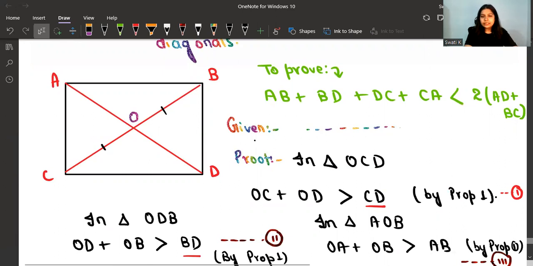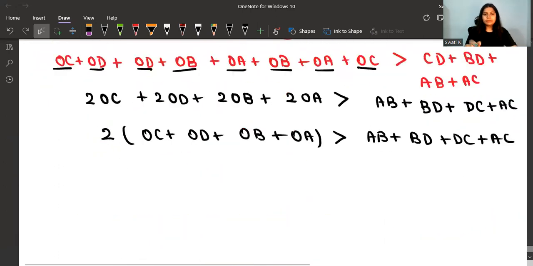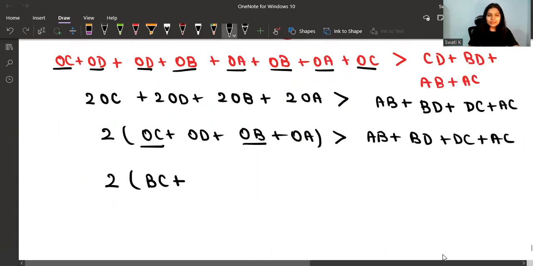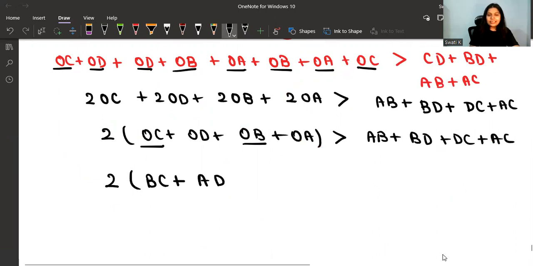So I can write OC plus OB as BC. So twice of BC plus OD plus OA is nothing but AD, all right? So that will become AD and greater than AB plus BD plus DC plus AC.